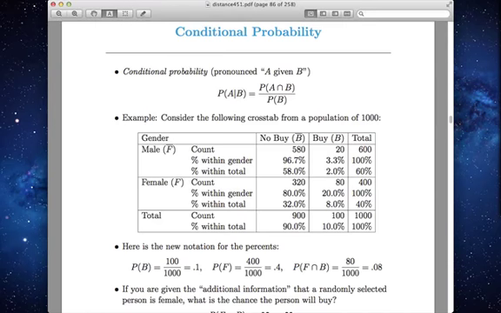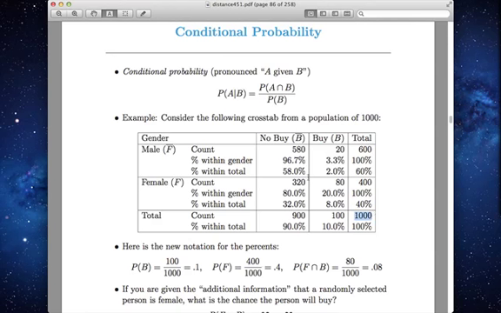Likewise, we could say that 58% of the entire population is a male non-buyer. 8% of the population is a female buyer. 32% is a female non-buyer. Where does that 32% come from? Well, it's 320 divided by 1,000. So those are the percent within the total. I've started calling those numbers joint probabilities. So that percent within total is the joint probability.